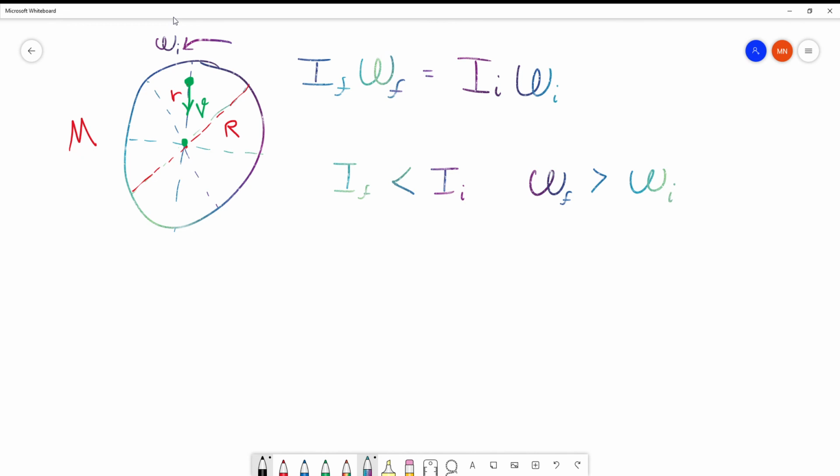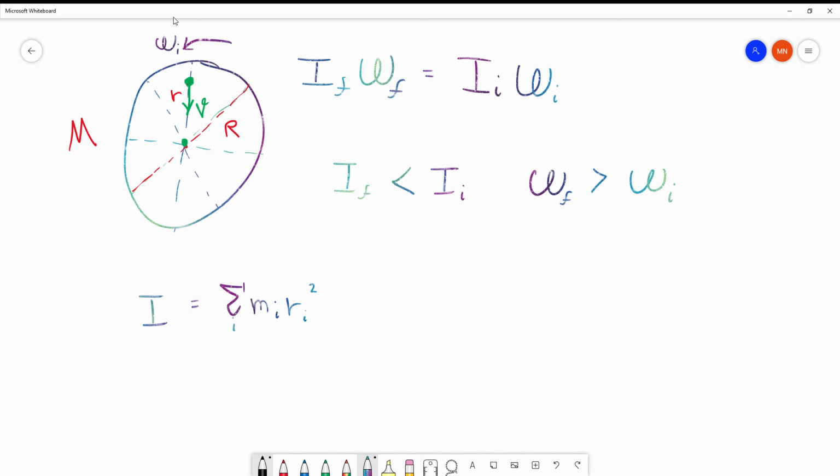So how do we determine what the final angular velocity or moment of inertia is? What is the initial moment of inertia? Well, what is moment of inertia? Moment of inertia is nothing but the sum of the mass elements at whatever distance those elements are from the center of rotation. Let's get our subscripts right.